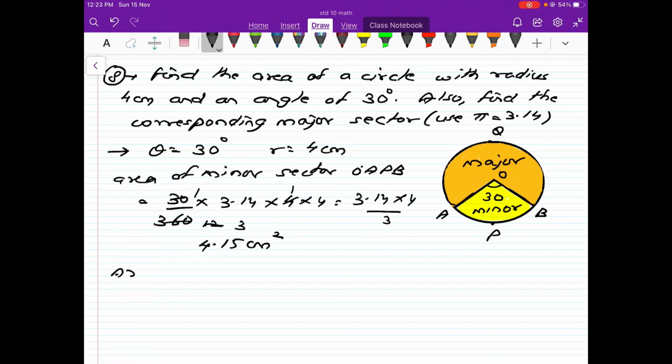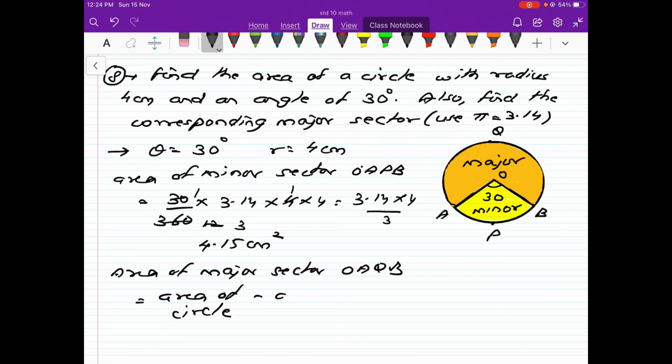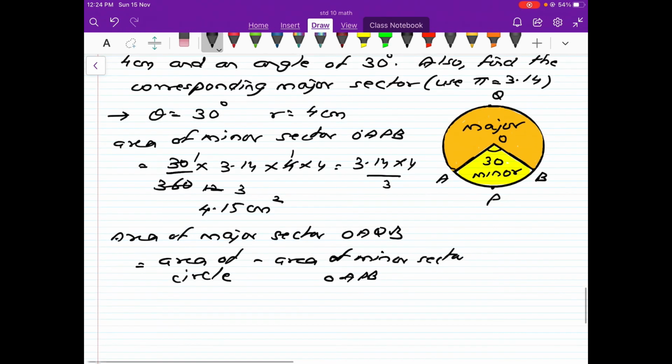Now what will be the area of the corresponding major sector? So which is the major sector here? The major sector is OAQB, and it's nothing but the area of the circle minus the area of the minor sector OAPB. So what is the area of the circle? It is pi r square minus this, which we have already found as 4.15.